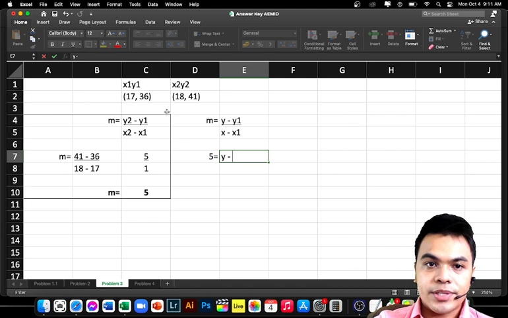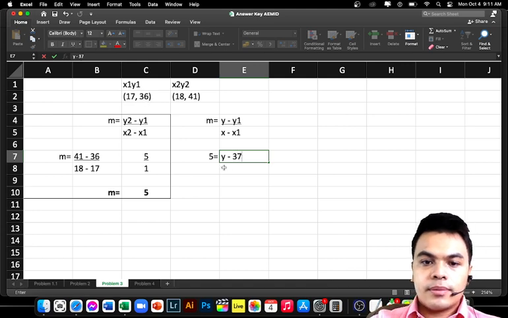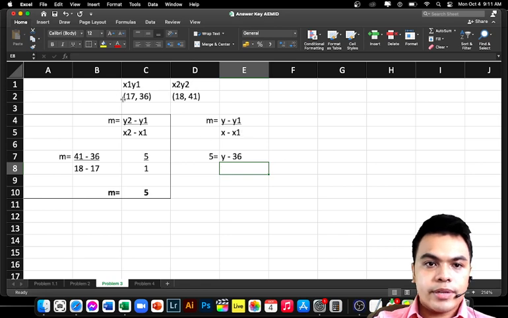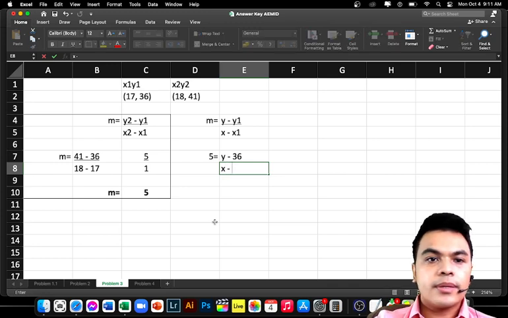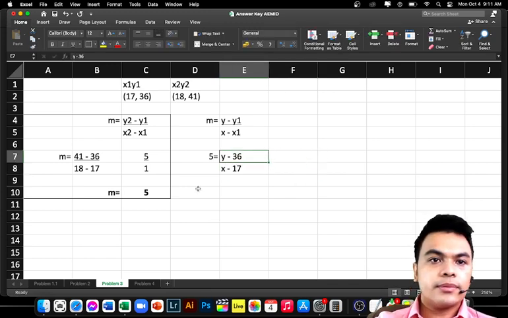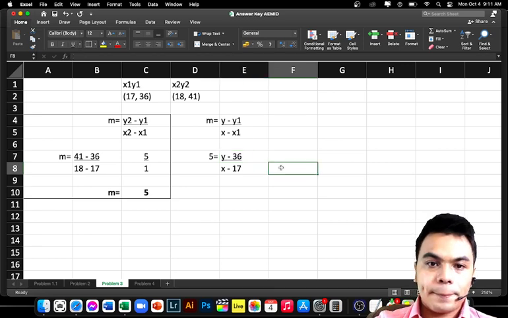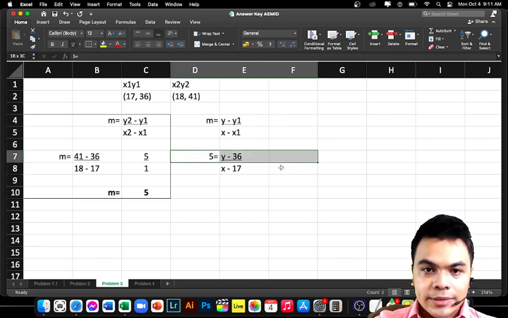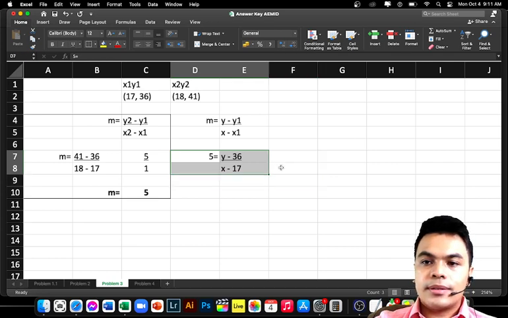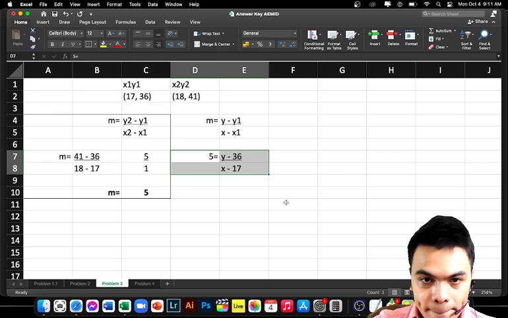That is 36. And we have 17 for x1, x minus 17. So we can already compute for the formula with this given data.